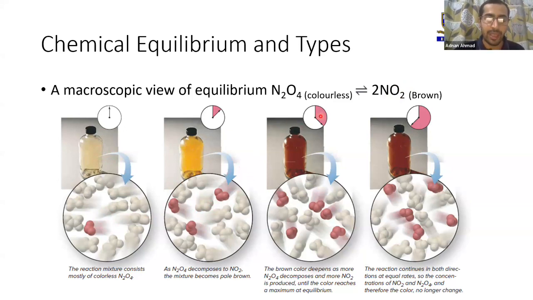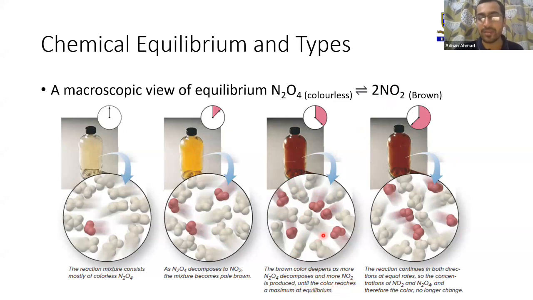Now when 20 minutes have passed, look at this dark color, right? Now we have lots of nitrogen dioxide molecules in this bottle. The brown color deepens as more dinitrogen tetraoxide decomposes and more NO2 is produced, until the color reaches a maximum at equilibrium.